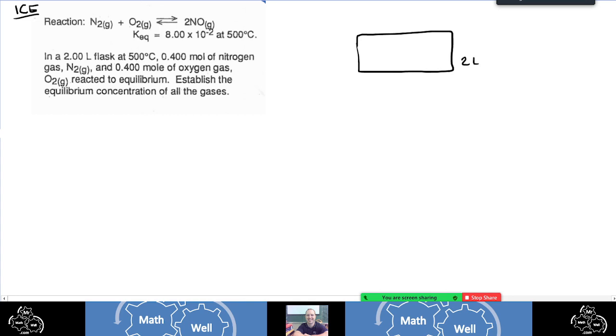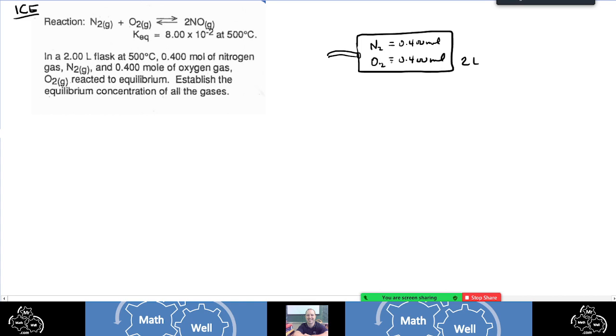And inside this container, we have somehow injected 0.4 moles of nitrogen. So we've got N2, and that's 0.400 moles. And we've also injected O2 gas of 0.400 moles as well.